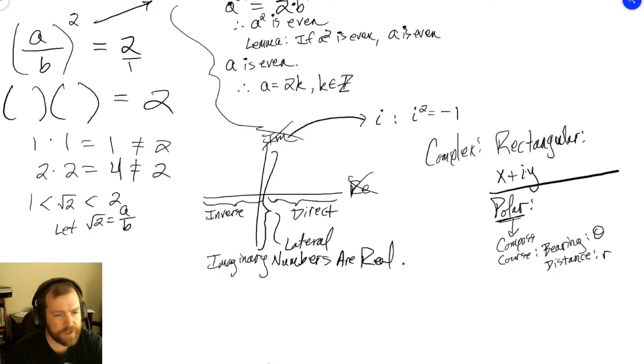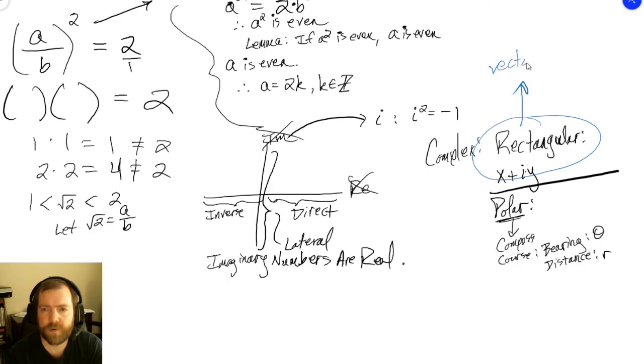Another way to think of them in terms of rectangular numbers is that they are vectors. With rectangular numbers, you're going A in the x direction plus B in the y direction.